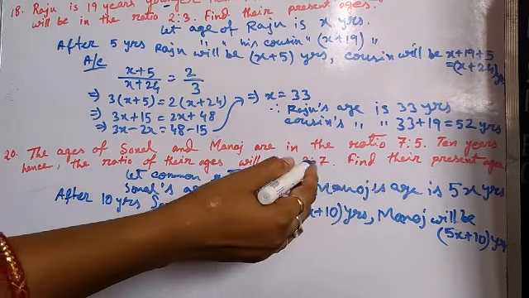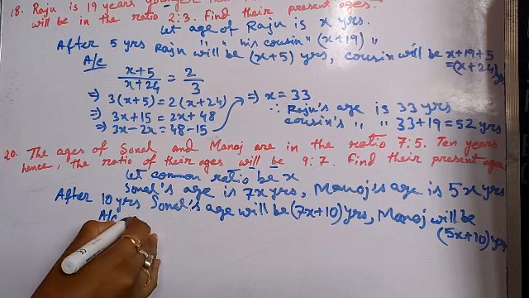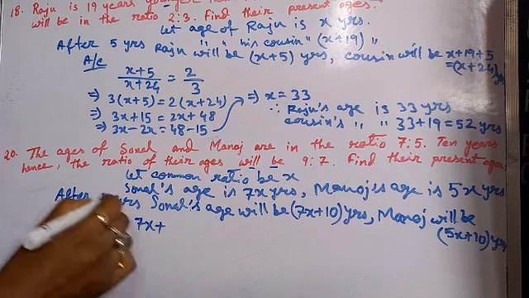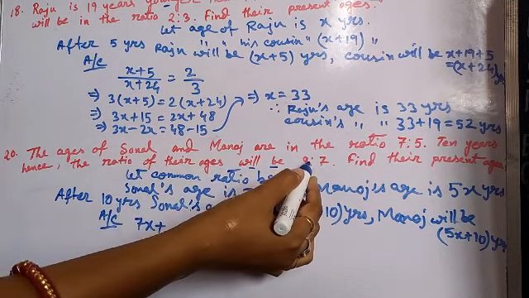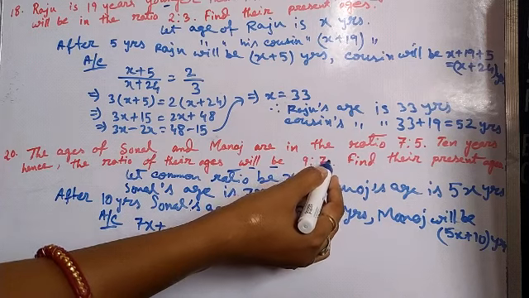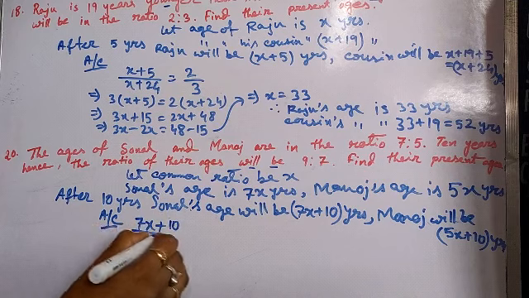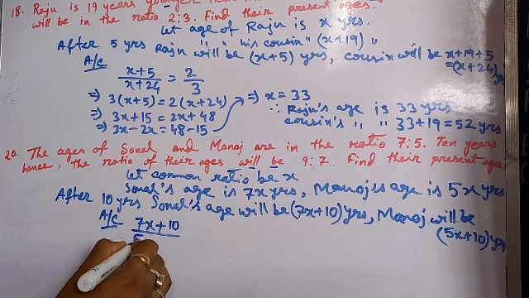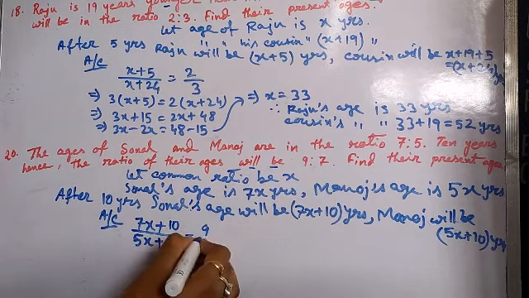Now here also 9:7 is given, that means according to the condition, Sonal's name is written first and Manoj second, so the first one is for Sonal and the second one is for Manoj. That means 7x plus 10 divided by 5x plus 10 equals 9/7.